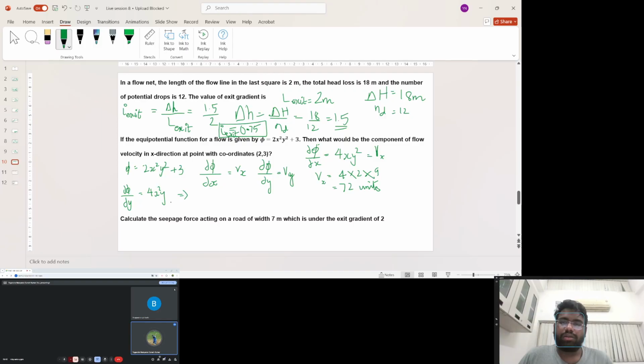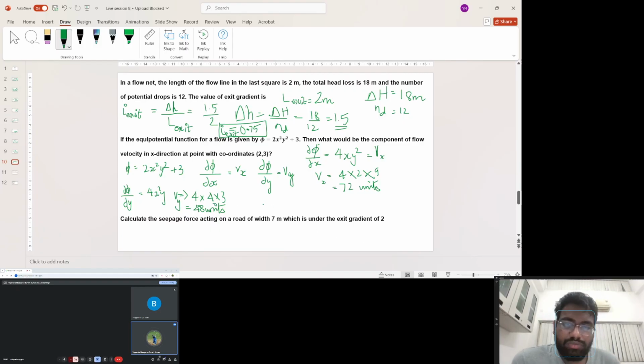In this regard, Vy at the same coordinate will be 4 into 4 into 3. So 16 threes are 48 units. Alright, this is for the equipotential function.